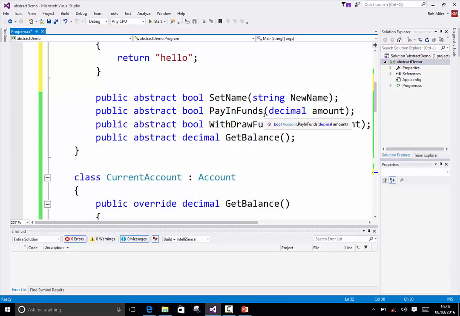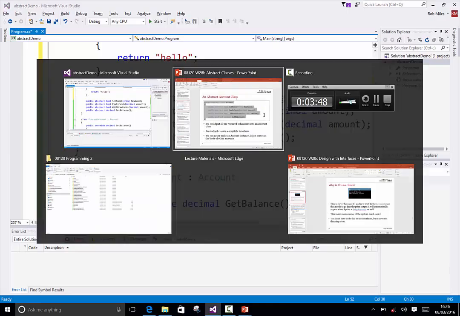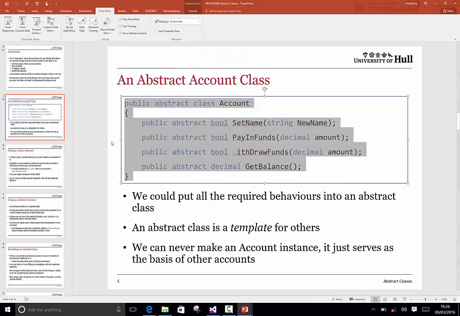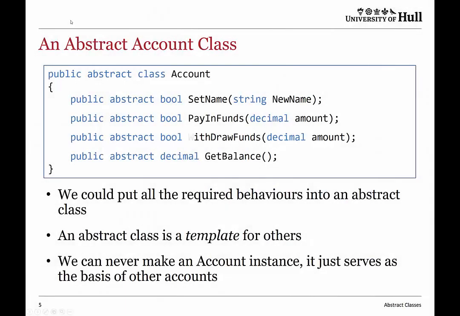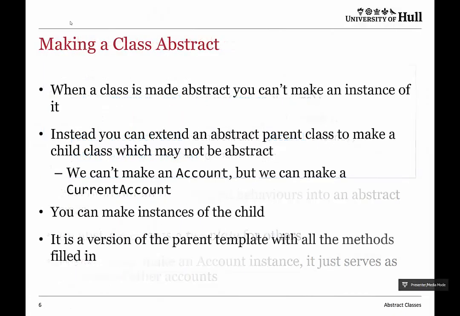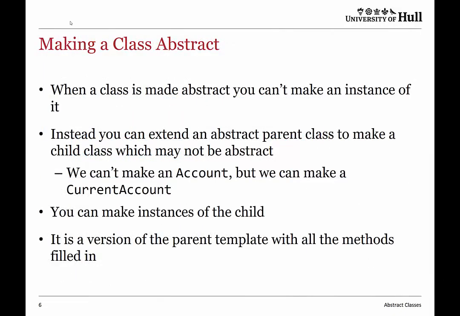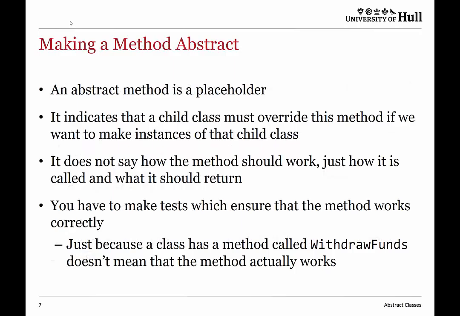Now, of course, just because an object has a get balance method in it doesn't mean to say that that method actually does what is required in that context, but that's why you have testing. So I can make an abstract class. I can use it as a template. The abstract method is simply a placeholder, and yeah, the bottom bullet point is very, very important, just because it says it's one of these talk the talk, walk the walk kind of thing.